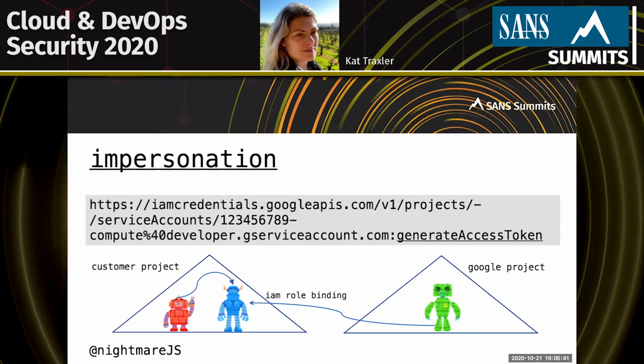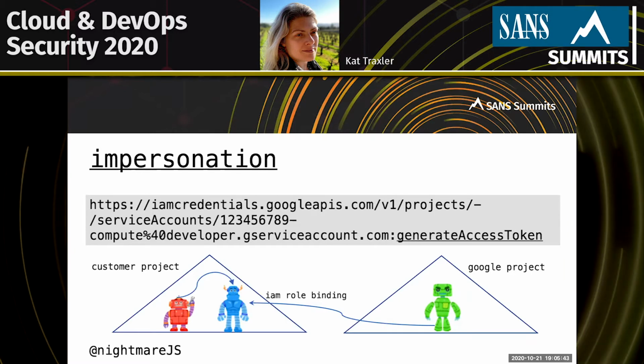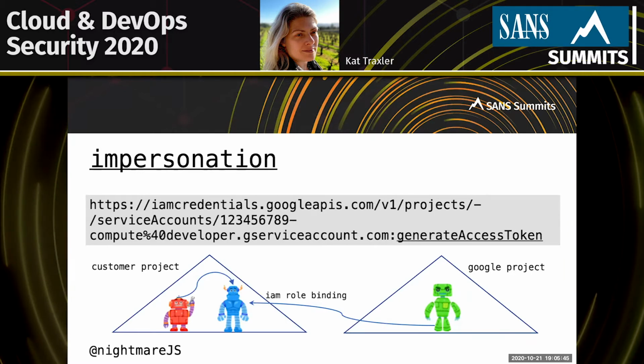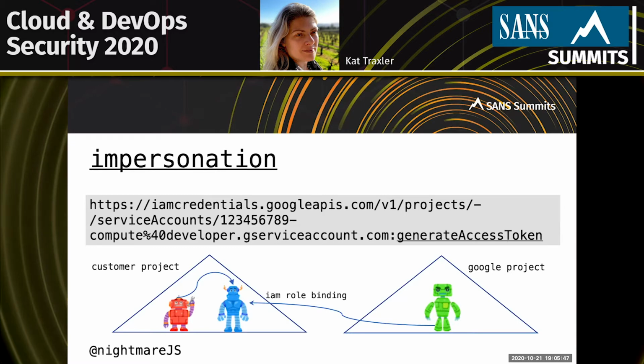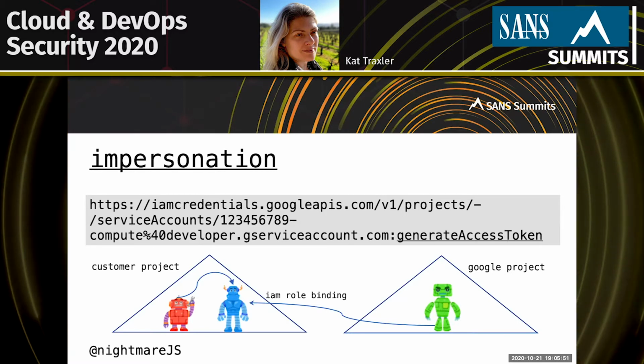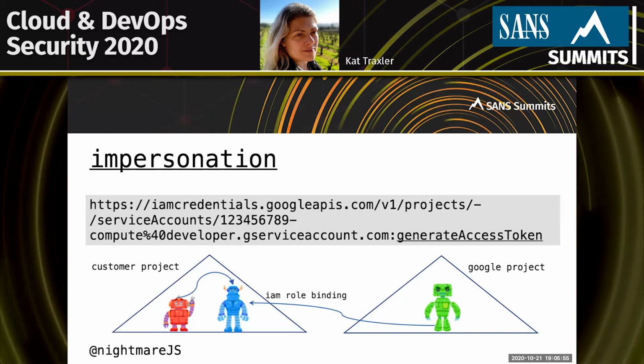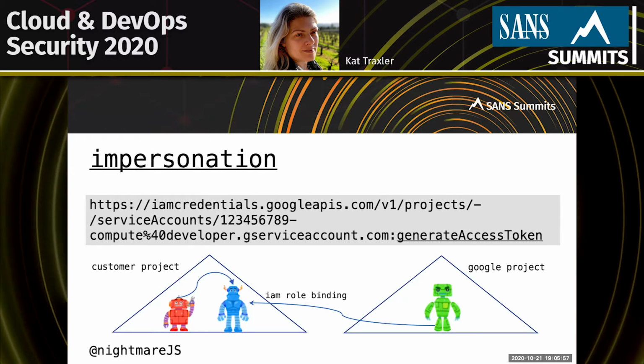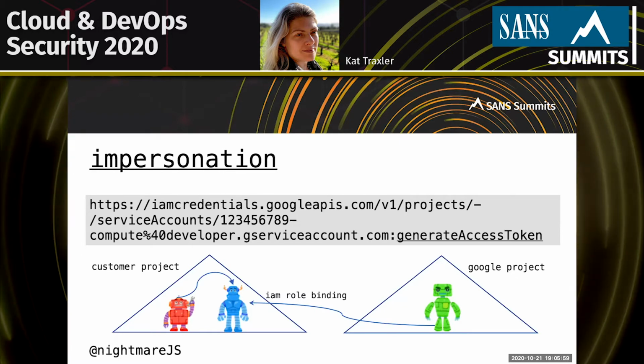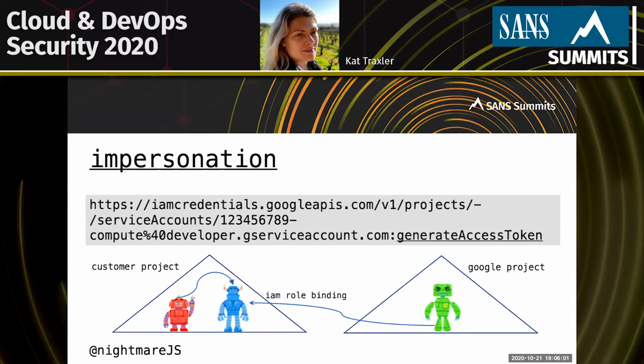If I can impersonate a service account, it means that I can request and will be returned the access token for that service account by a public Google API. With that access token, I can then perform actions as if I was that service account with all of its roles and permissions.